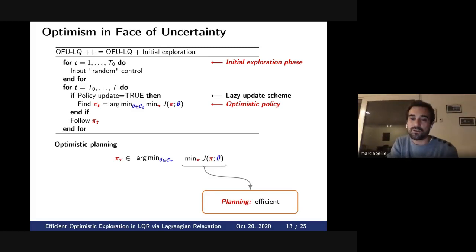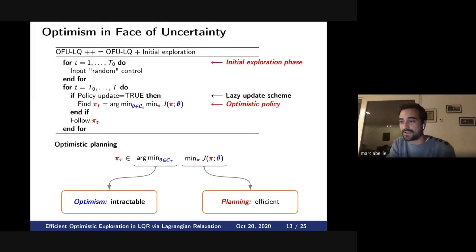But the outer minimization cannot, because it consists in minimizing a non-convex, non-Lipschitz, not even defined everywhere function over the constraint set given by the confidence ellipsoid. As a result, this optimism in face of uncertainty principle leads to an intractable algorithm in the LQ framework. So what we propose here is to take a different path to compute this optimistic policy.